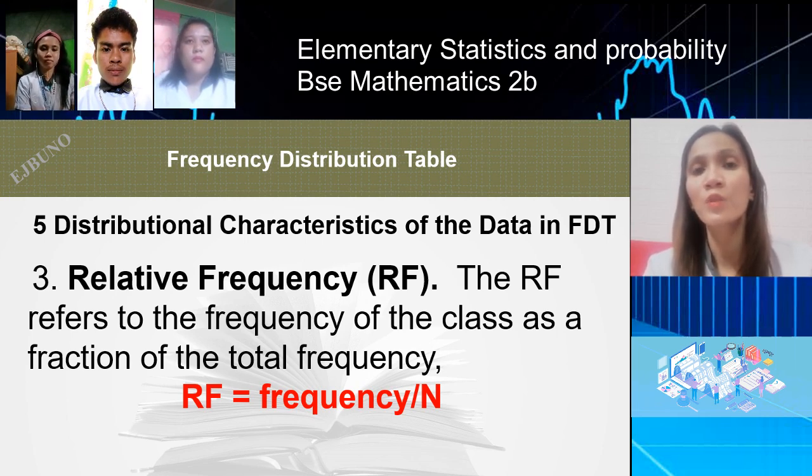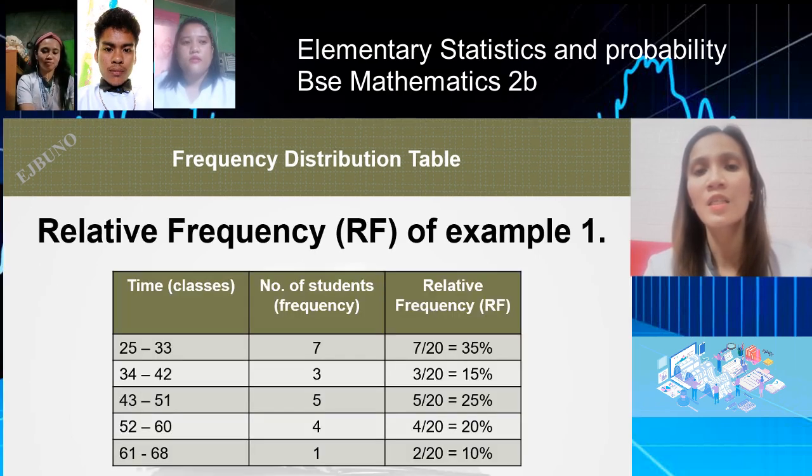RF can be computed for both qualitative and quantitative data. RF can also be expressed in percent. This table shows the relative frequency of example number 1. So RF is equal to the frequency divided by the total number of frequencies.